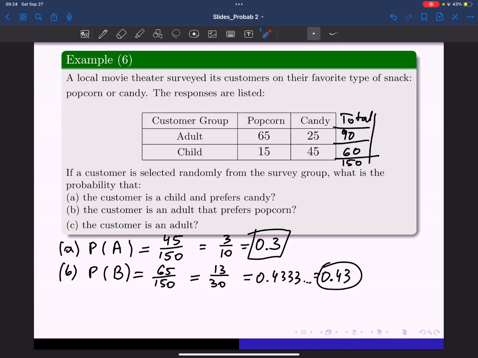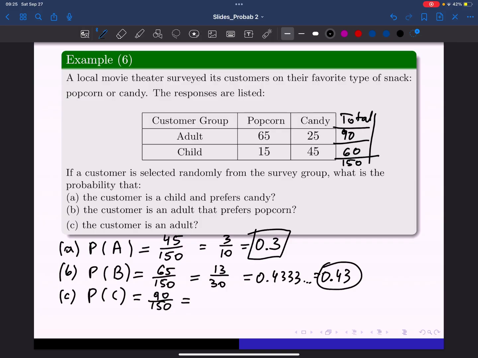In part C, the customer is an adult. So now we need to look at how many adults we have in total. We have 90 adults out of the total surveyed people. For part C, let's call the event C. So we have 90 out of 150.